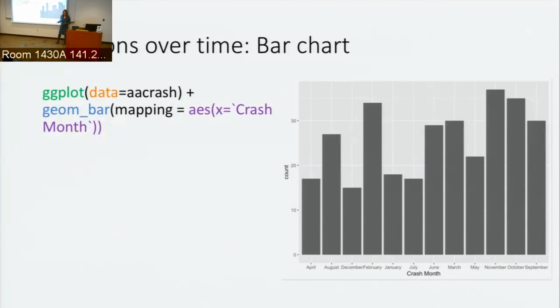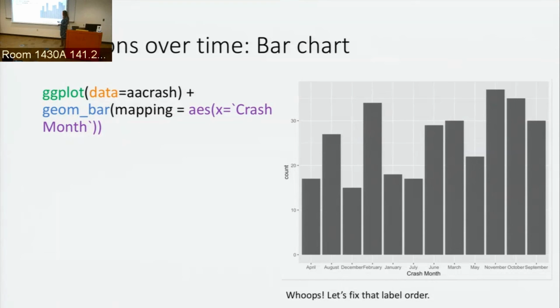They're ordered alphabetically. One bummer about ggplot2 is that if the variable is a string or character, it automatically orders things alphabetically. And if it's a number or ordinal category, it orders by number. So we can fix that.